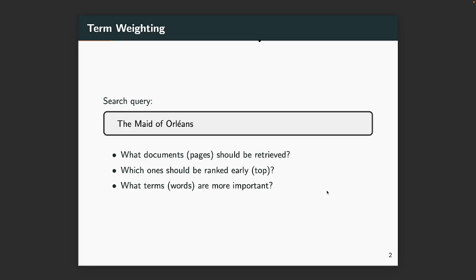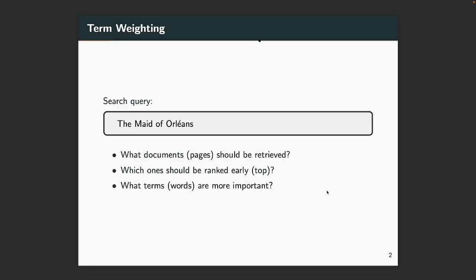But first of all, what documents or what pages should be retrieved given this set of query terms, and which ones should be ranked earlier, at the top? And this is actually associated with how much weight you should give to these four terms.